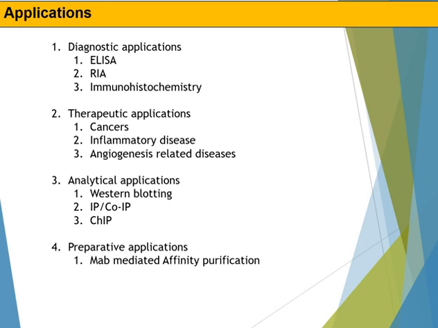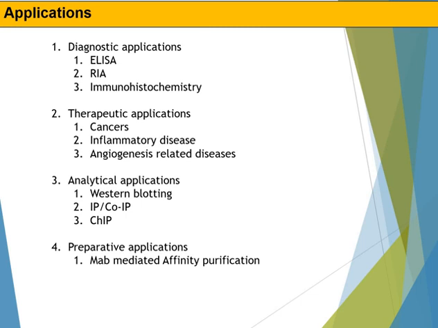In science, we need to explore different molecules, their positioning, their location, their interaction. So for the analytical applications, we also use monoclonal antibodies, like for Western blotting. You all are aware of Western blotting.